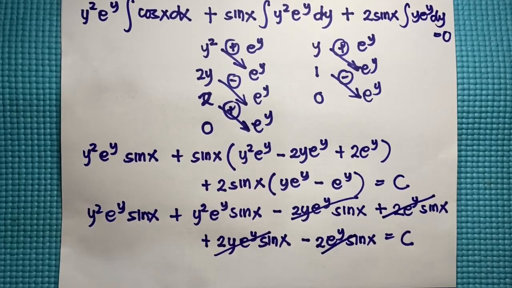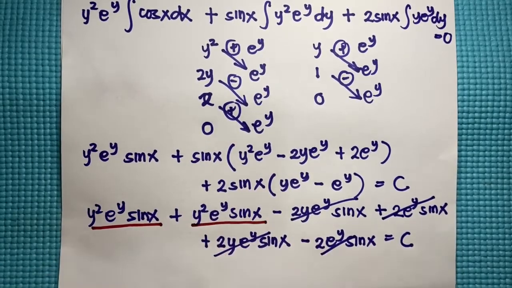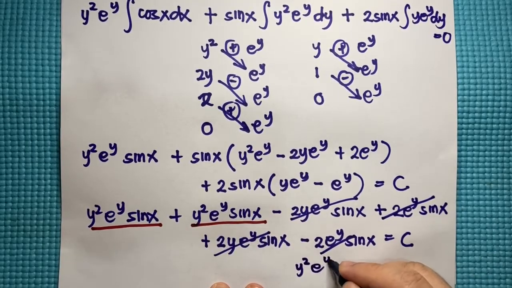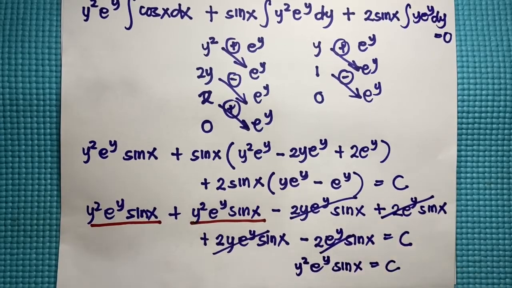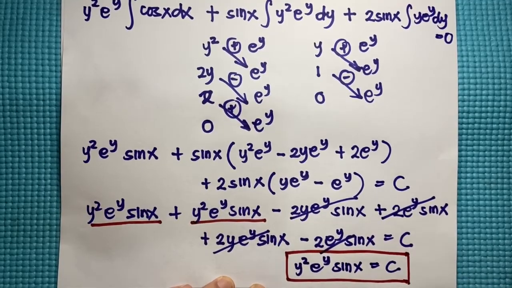So only the y squared e^y sine x terms could be grouped into one. So giving us our general solution to be y squared e raised to y sine x equal to c, for our final general solution. So again, that's everything for non-exact differential equations. Thank you.